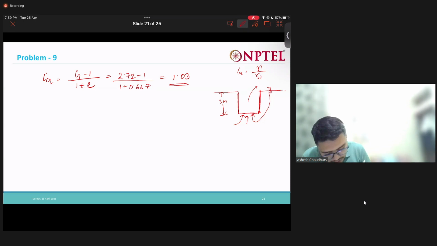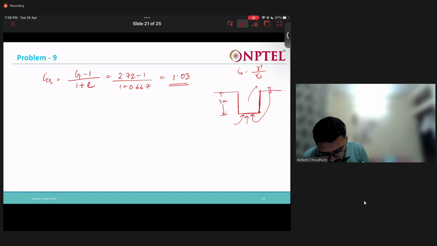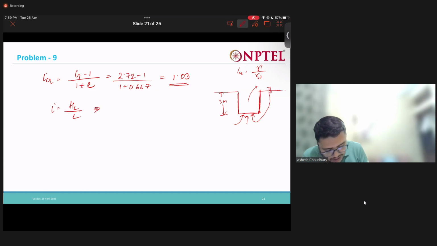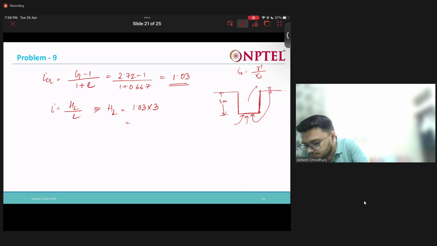So if I put in the values, my head loss H will come out as 1.03 into 3, which is 3.09 meters.